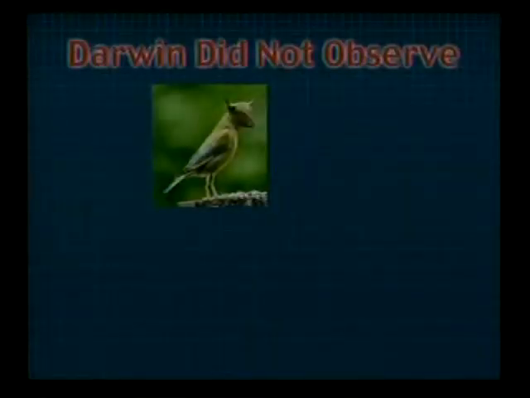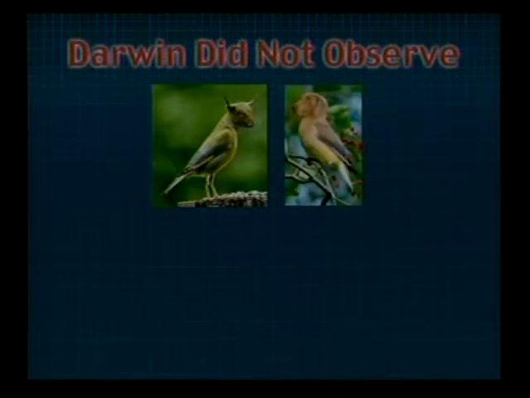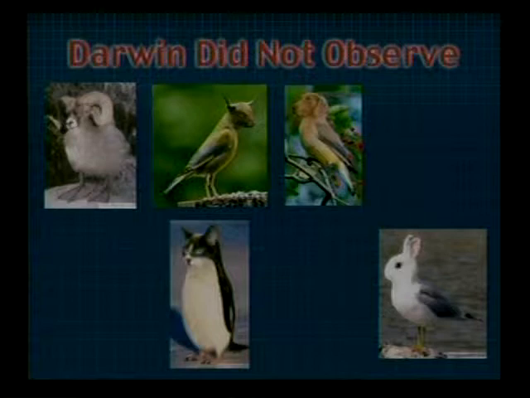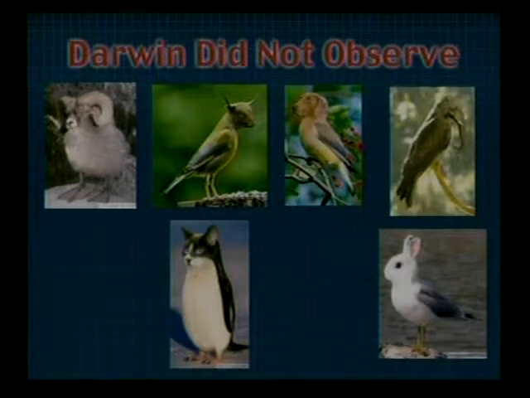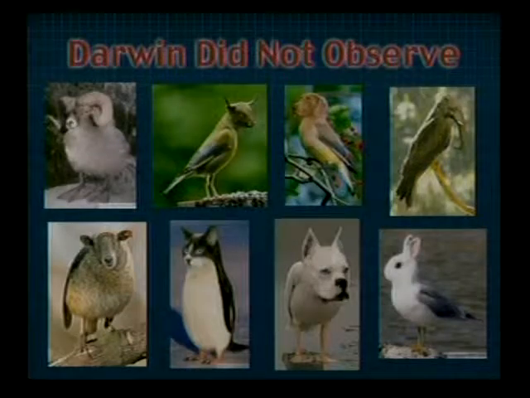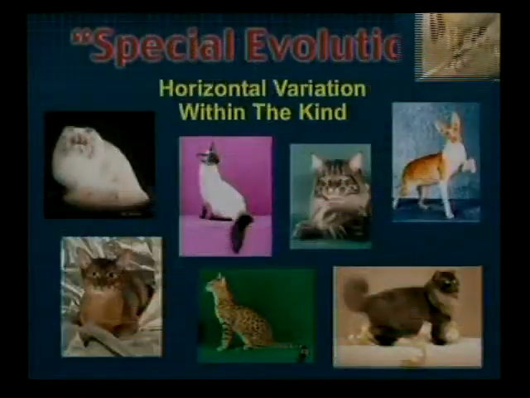I don't even think they're talking about the subject. Darwin didn't observe anything like this. He didn't see anything like this. He saw finches, and he saw nothing but finches. Now, if this were observed, then there would be a case, but we don't see that, do we?